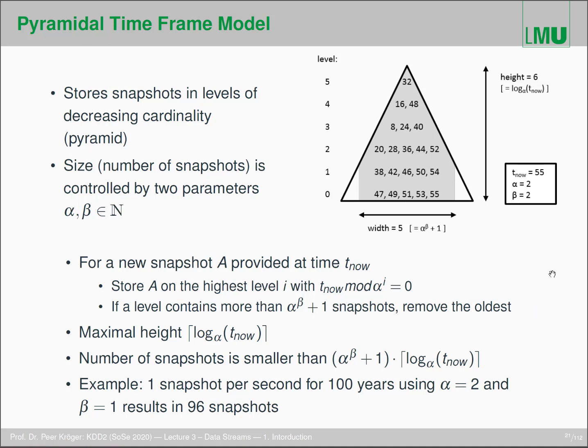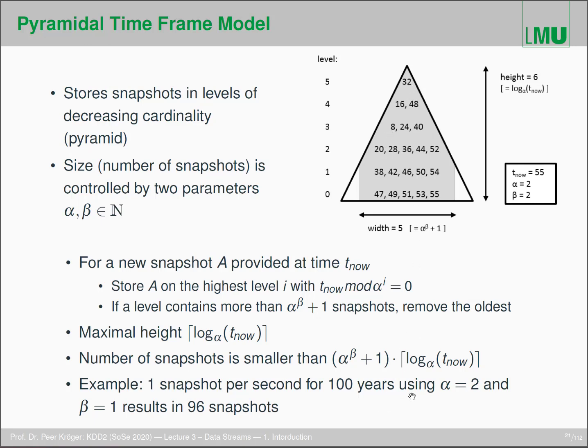So the number of snapshots is smaller than alpha to the power of beta plus 1 times the height, because that is the constraint of your storage. Each level at maximum has alpha to the power of beta plus 1, sometimes even less.